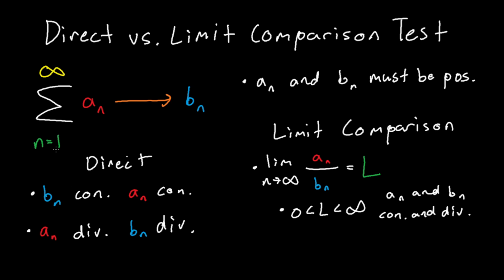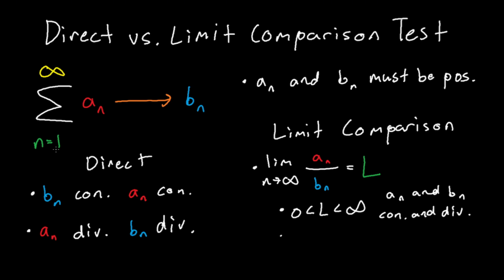In the direct comparison test, if B of n diverges, your test is inconclusive. But in the limit comparison test, if your B of n diverges, then A of n can also diverge. So this one is more versatile. You don't have to worry about B of n diverging and getting inconclusive.